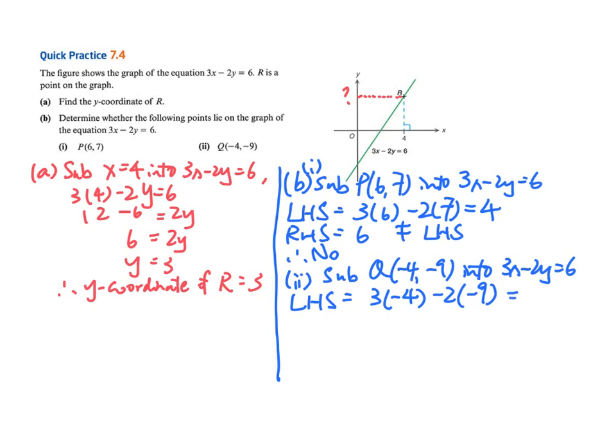So I press the calculator, and I will get 6. The right hand side is also 6. So in this case, yes, it lies on the graph, because the left hand side equals the right hand side. So this would be quick practice 7.4.